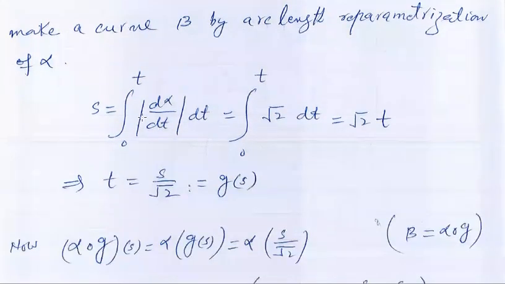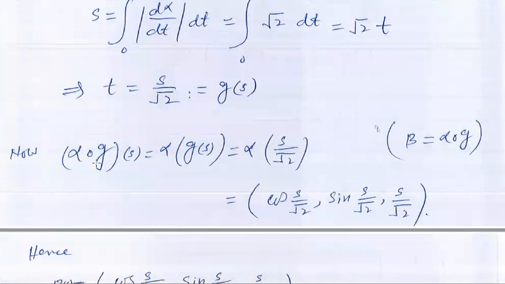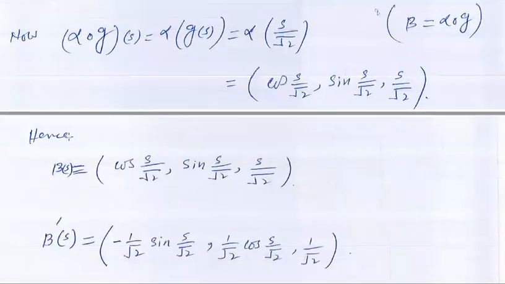So finding s in terms of t and t in terms of s, we obtain alpha composition g of s is equal to alpha of g of s, where t is equal to s by under root 2, which is equal to (cos s by under root 2, sin s by under root 2, s by under root 2). Hence beta is equal to this one.